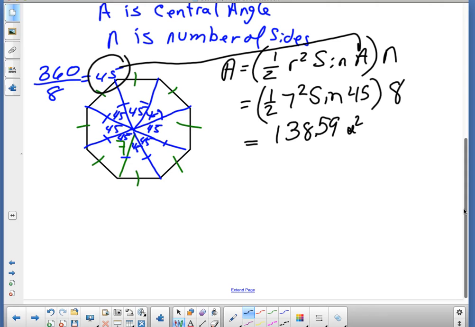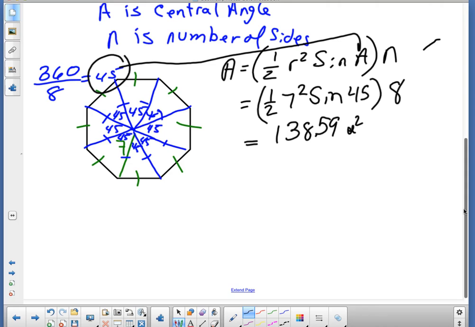When you are given a radius value in a polygon, use this formula. It's got to be a regular polygon. It doesn't work for all things, just regular polygons. When provided the radius value, you can find its area.